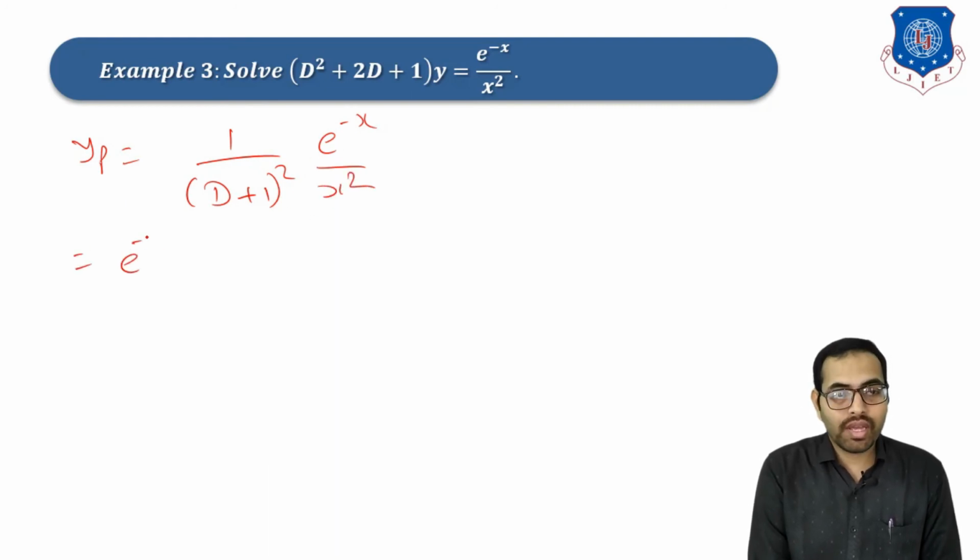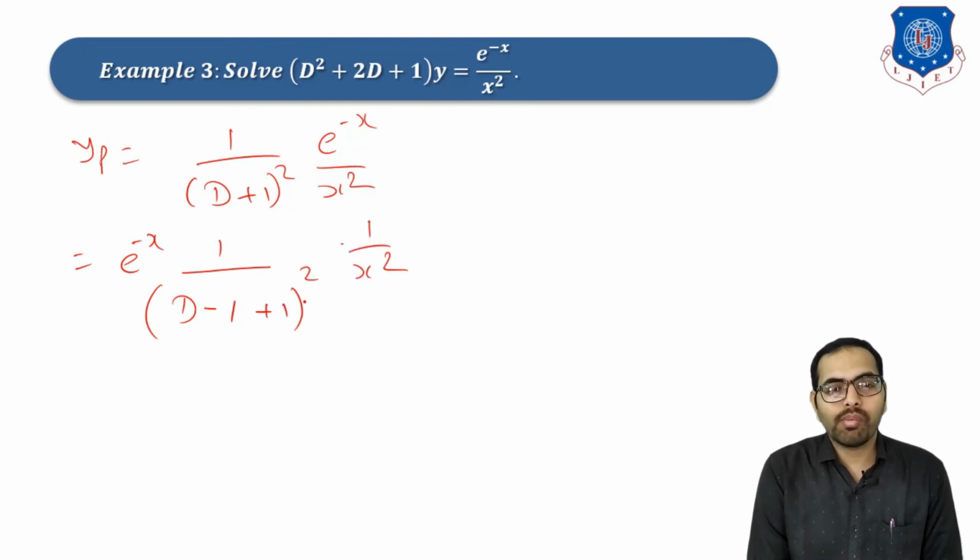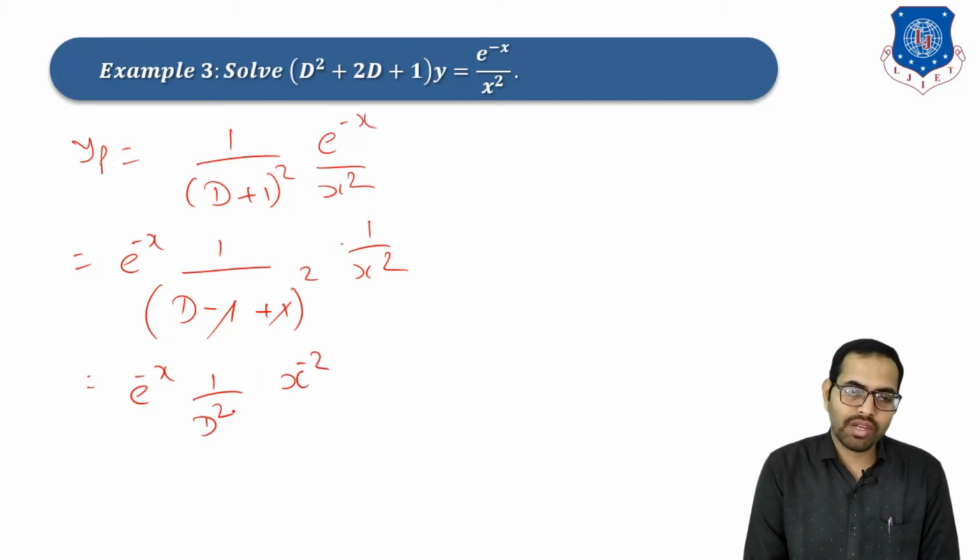According to case 4, e^(−x) comes out and D is replaced by D − 1, so (D − 1 + 1)² into 1/x². The 1 will be cancelled out, then it becomes e^(−x) 1/D² of x^(−2).